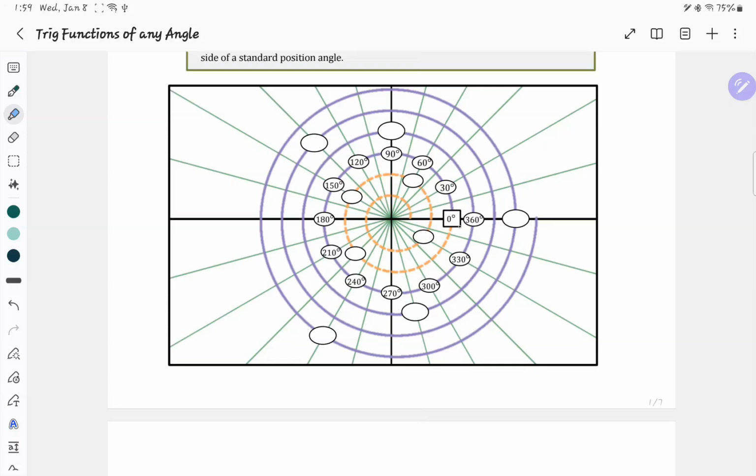You can also go in the negative direction. So if we go from 0 right this way, now we are moving clockwise instead of counterclockwise, and this is going to be a negative angle. So we can go ahead and try to count how far is that and what angle would I want to put in there.